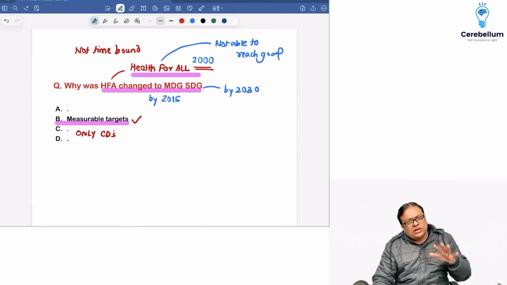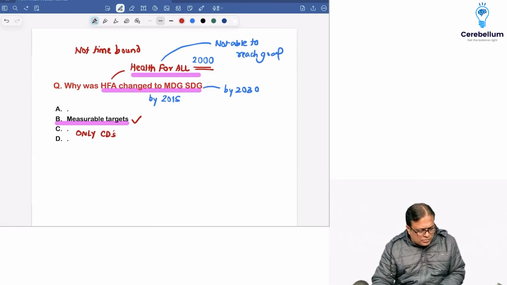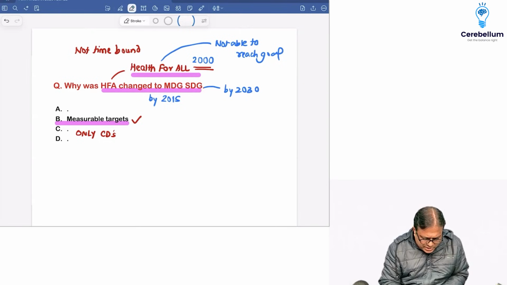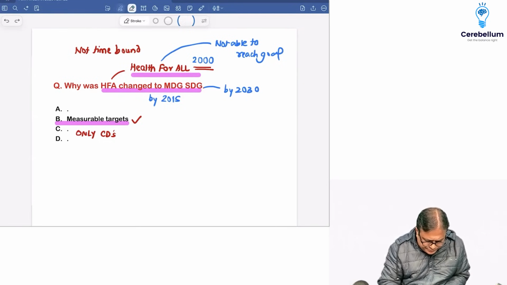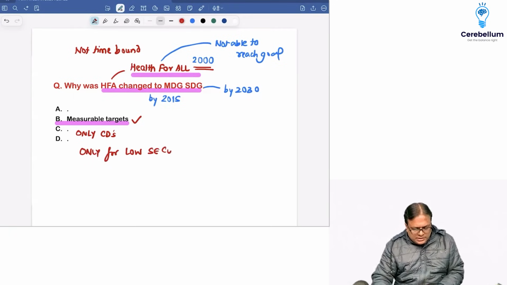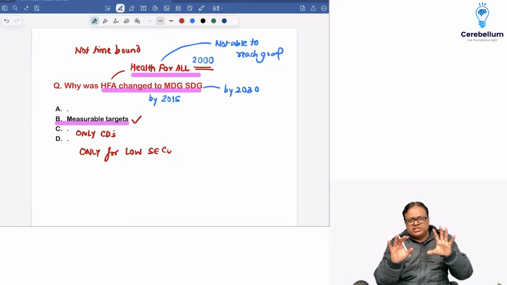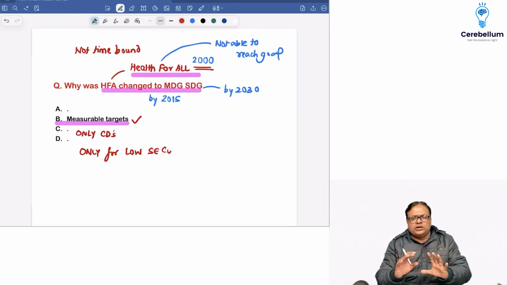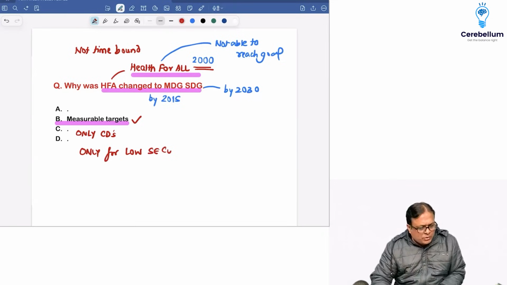It included non-communicable diseases also. Only for low socioeconomic countries. No, that is not correct. That is also not correct, right? So it has to be related to measurable targets, to quantify whether you have achieved them or not.